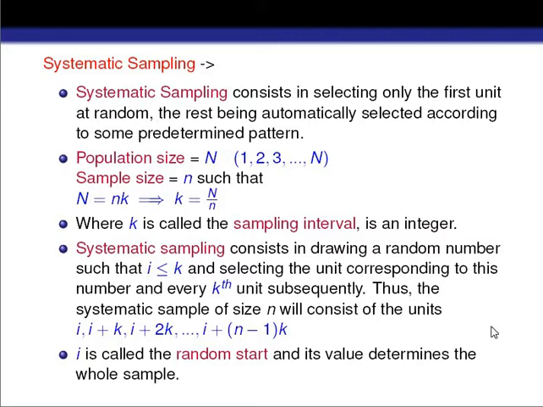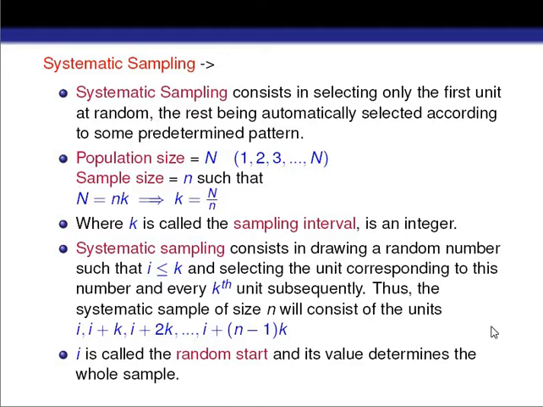After selecting the first unit at random, we use some formula or rule to get the rest of the units of the sample.